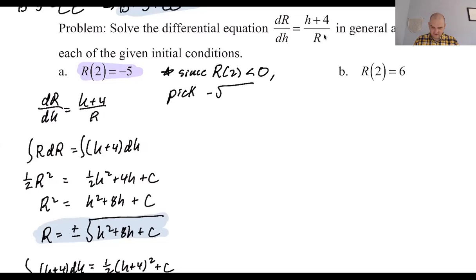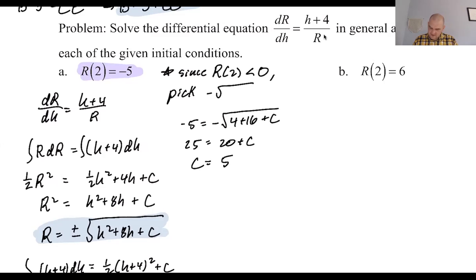So what I'm thinking here is I'm going to say -5 equals negative square root of 4 plus 16 plus c. All right, so I can divide by a negative, I can square both sides, get 25 equals 20 plus c. So c would be 5 in this case.